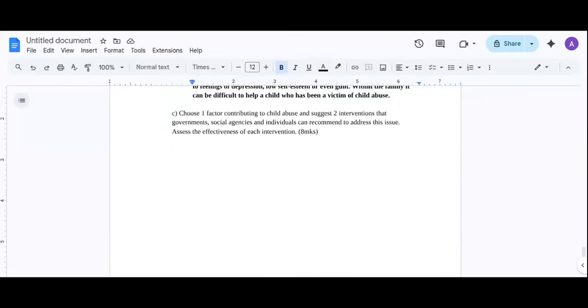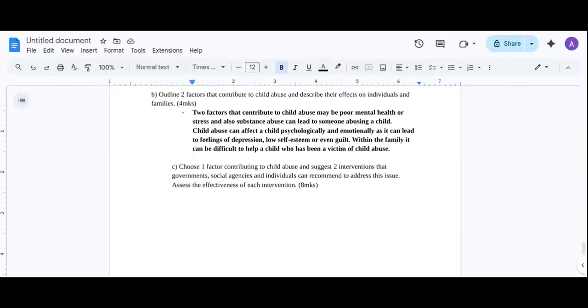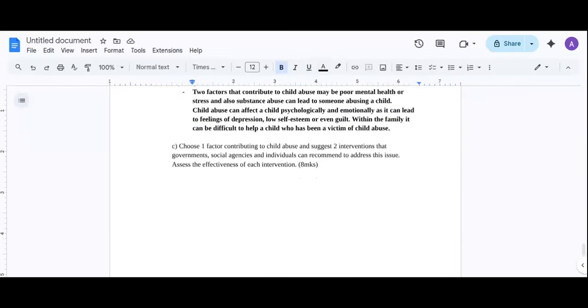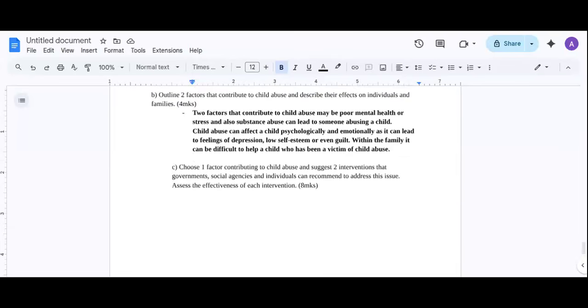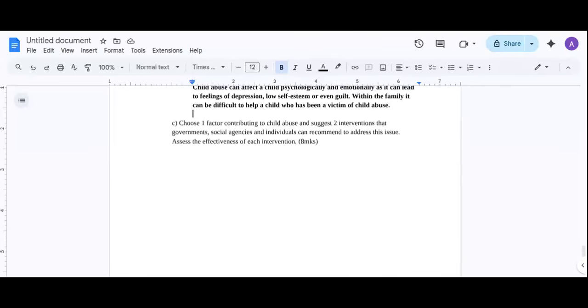So, Tanishka would have said substance abuse could lead to someone abusing their child. Somebody else spoke about stress that could lead to someone abusing their child.